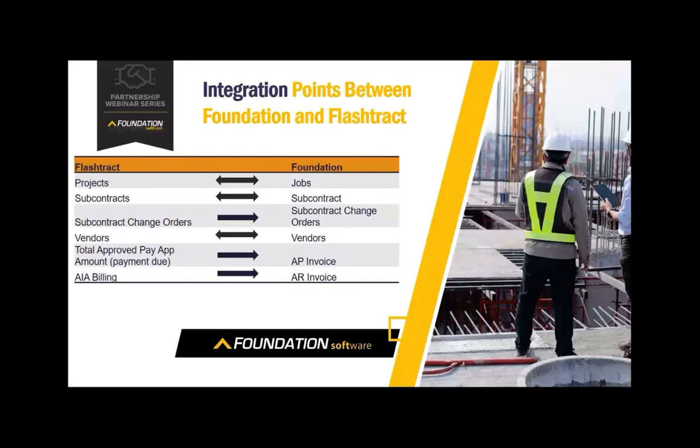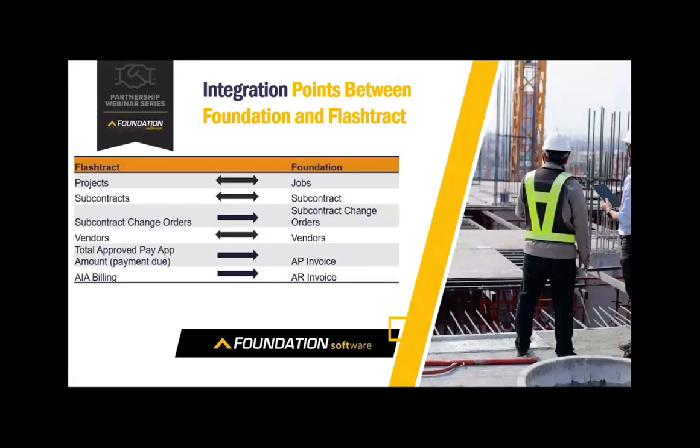On the Flashtract side, total approved pay apps, right, the payment due, getting kicked back to Foundation to our accounts payable to avoid that duplicate entry. AIA billings, right? Those progress billings and scheduled values that are accomplished through Flashtract, of course, would populate into Foundation as an accounts receivable invoice to, again, avoid a company from having to do a re-entry of that information and have to do that all over again.